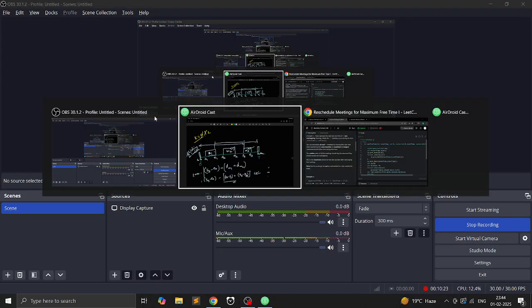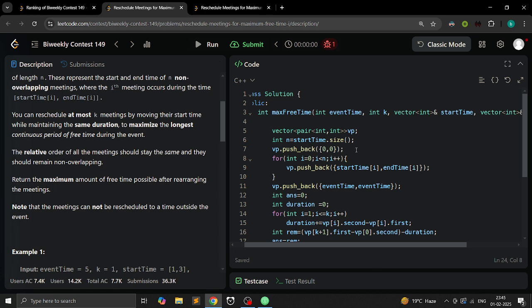Let's go through the solution to understand it perfectly. To combine the start and end time, I took a vector of pair, VP, of the size of the array. I pushed empty blocks to make the calculation easy. Then I pushed the start time and end time, then I again pushed the last element here.